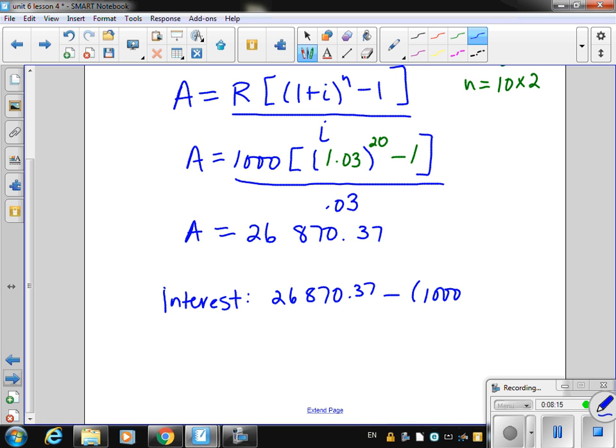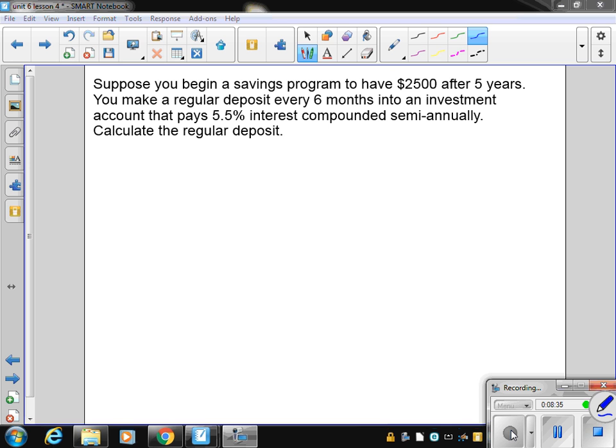Well, you put $1,000 into the bank, 10 years, twice a year. So you put in $20,000 of your own money. So the interest that you get is $6,870.37, which is pretty cool. Can you tell that I'm trying to subtly get you to save money?